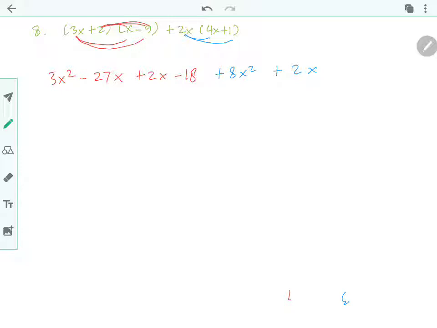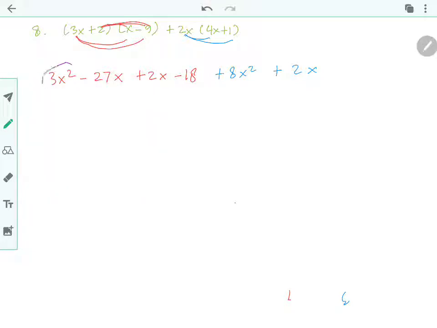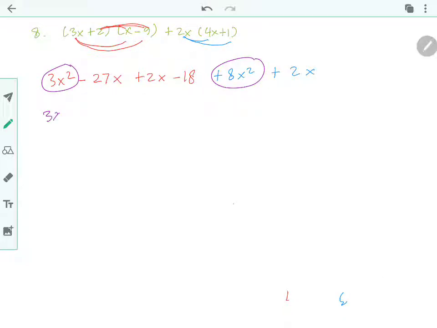Okay, now what should we do? Don't forget about the like terms. I have x squared here, another x squared here, so 3x squared plus 8x squared equals 11x squared.